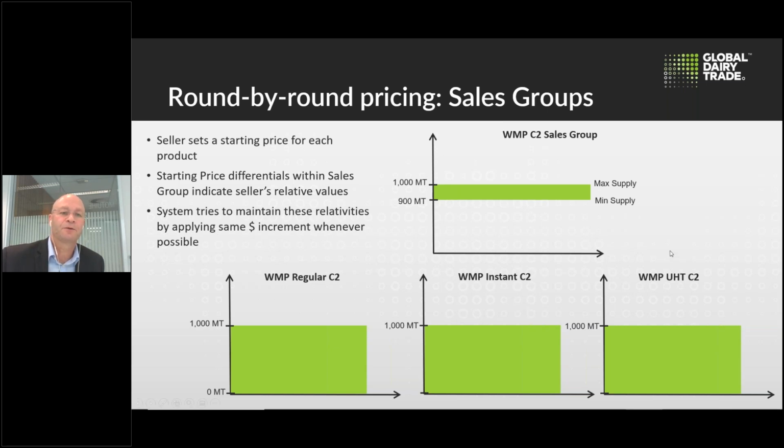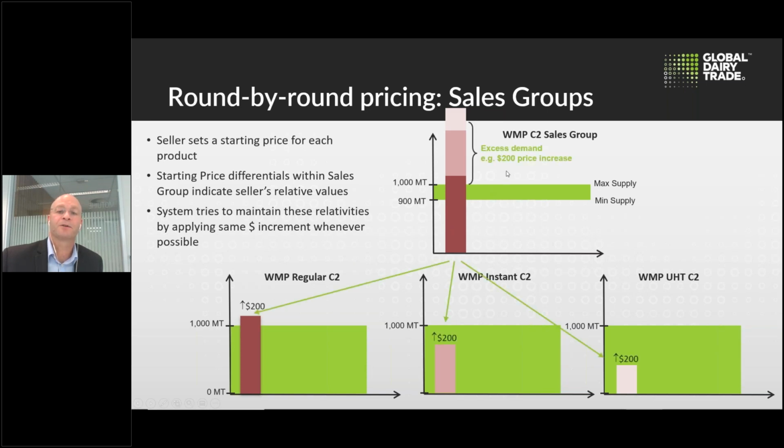So as it goes through round by round bidding, you're going to get bids coming in at various levels on the different products. That's going to be measured at the sales group level. So there's excess supply for whole milk powder C2 sales group here. Even though there's not excess supply for instant and UHT, because the sales group as a whole is oversubscribed, there will be a price increase.